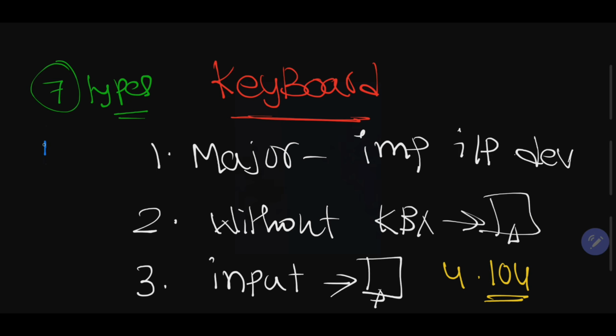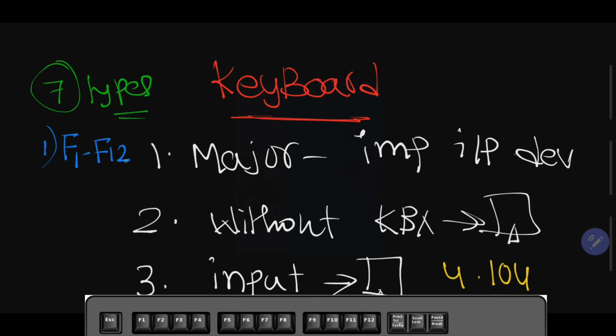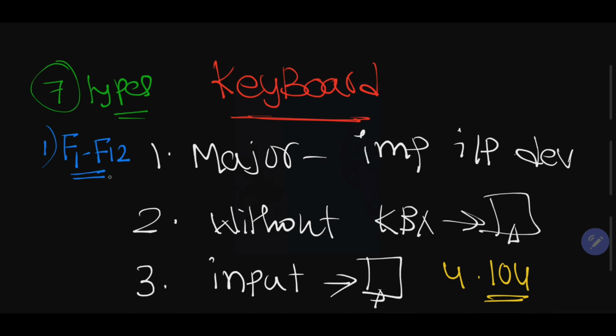The first one is functional keys from F1 to F12. F1 means help, F2 means rename, F3 means search. Like that, we have different types of functional keys in the keyboard.